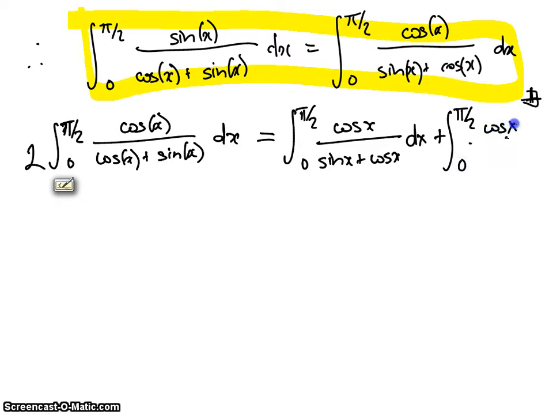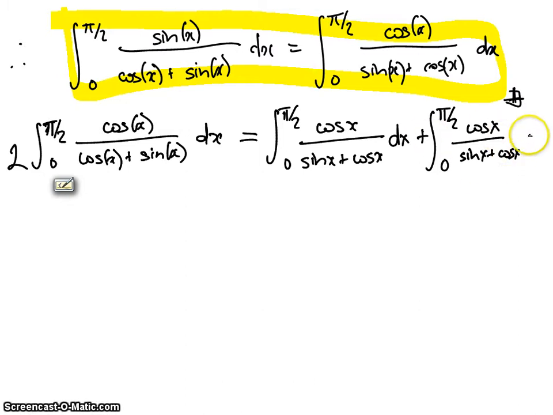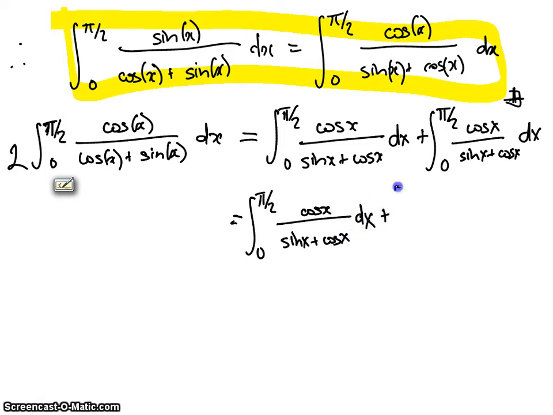Sorry if this gets a bit cramped. Can I move over a little bit? Yes, I can. dx. Okay. But then I can turn one of these into sine, right? So this is the same thing as the integral from 0 to pi upon 2 of cosine x over sine x plus cosine x dx plus the integral from 0 to pi upon 2 of sine x over sine x plus cosine x dx.